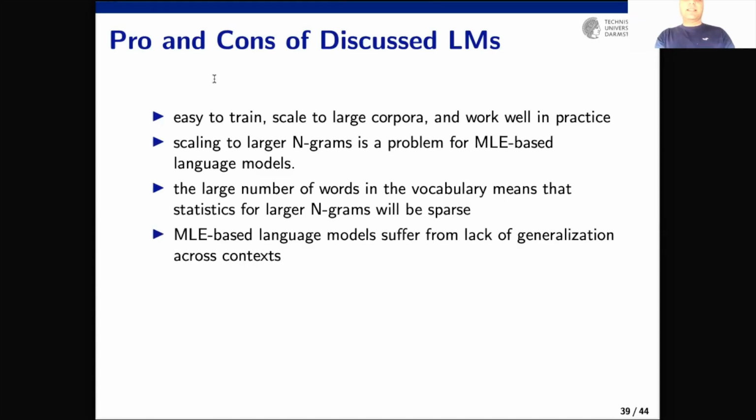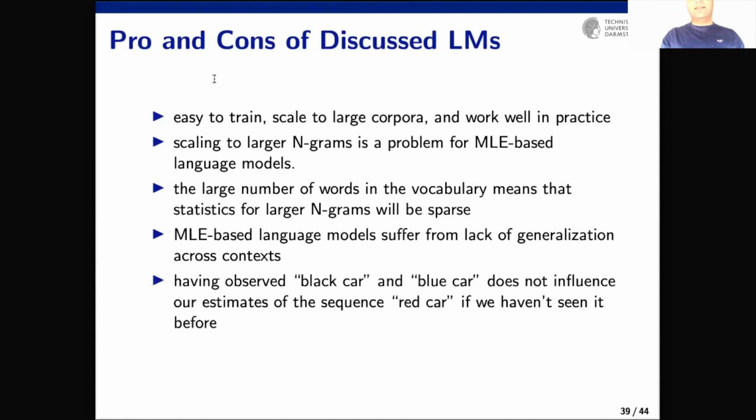And the other point is that MLE-based language models suffer from lack of generalization across contexts. What does that mean? It means that if during the training we observe black car and blue car, and during test time you see red car, it gives red car a very, very low probability. Why?